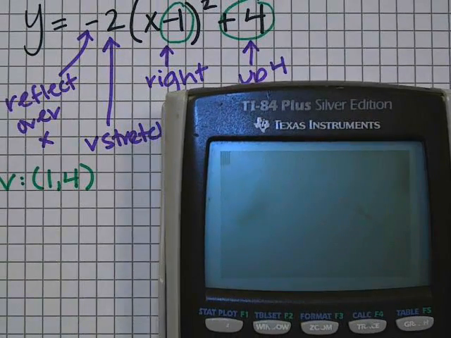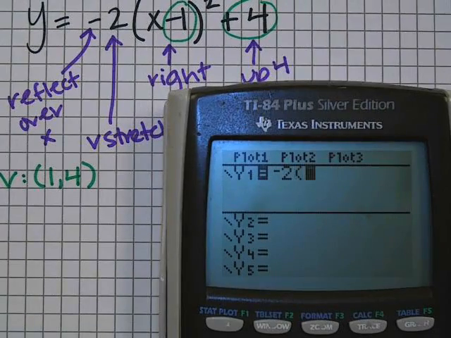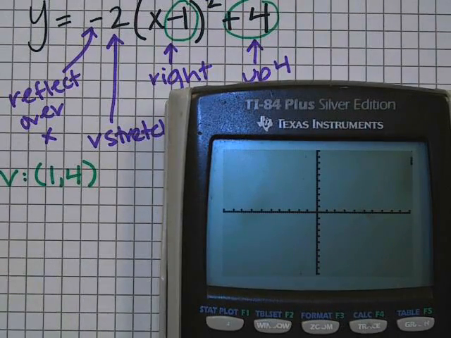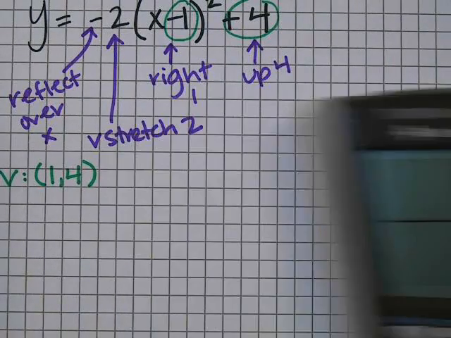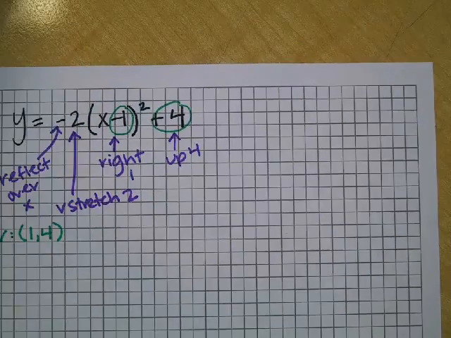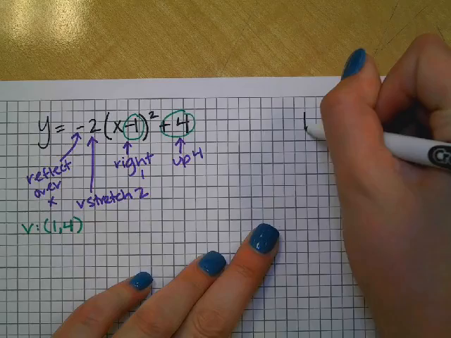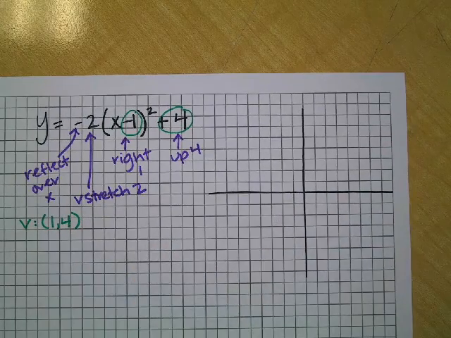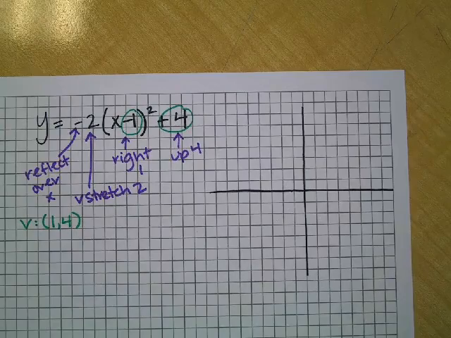So go ahead and get your calculator. So I know that the vertex is right 1 up 4.